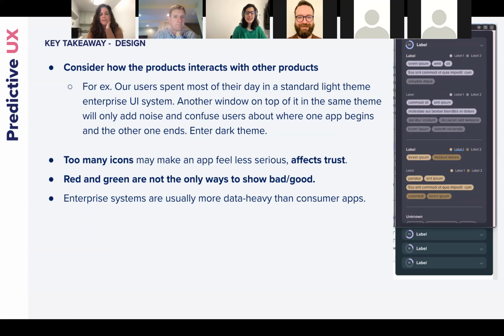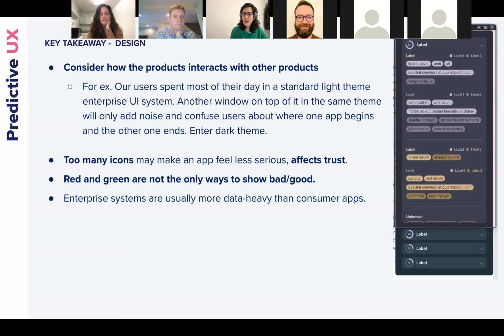During testing, at one point, someone had mentioned that we had several icons that it's starting to feel really cutesy or less serious. So we did take away some of the icons and we opted for words, because this actually really affects trust, right? How serious someone is taking your data will affect how you are trusting in what you're seeing.